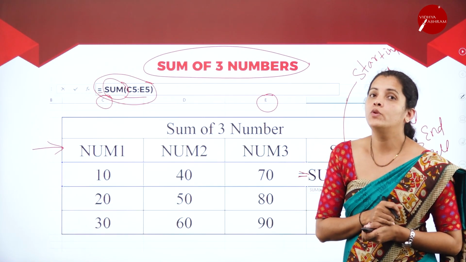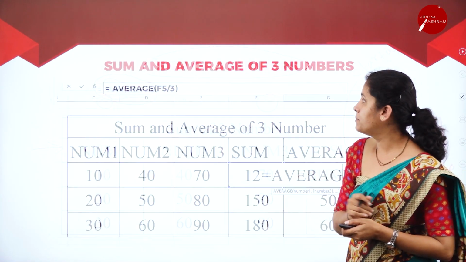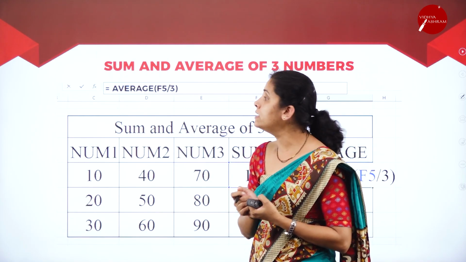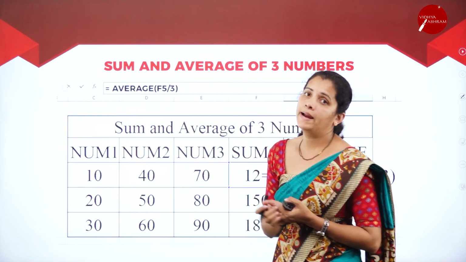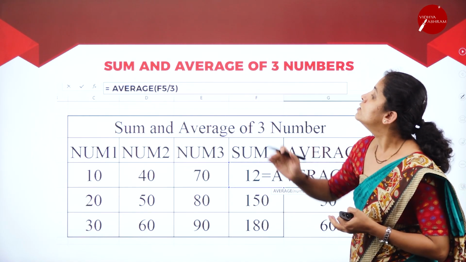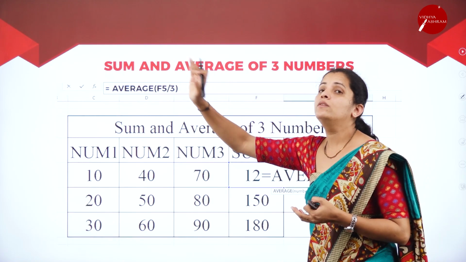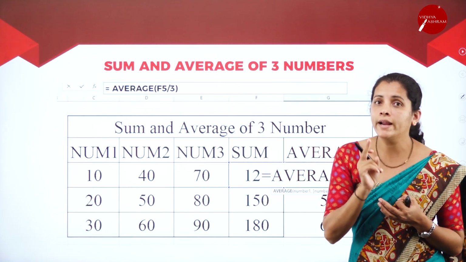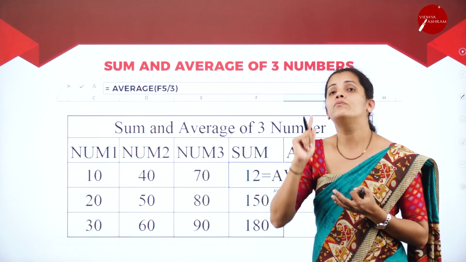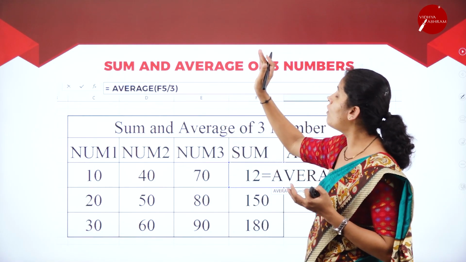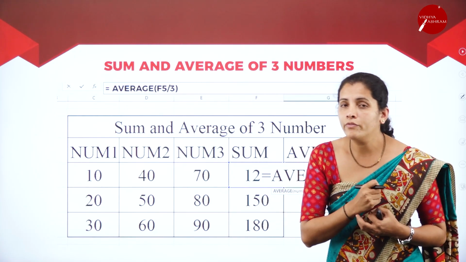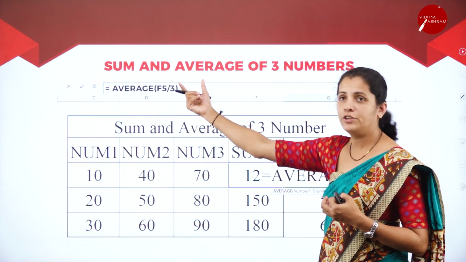Moving further, I'm going to have another example. So what is the example I'm going to have? That is nothing but find the sum and average of given three numbers. So here once again, I want to find the sum of the given numbers, then I want to find the average of the given numbers. To find the sum of the given numbers, I have summation.